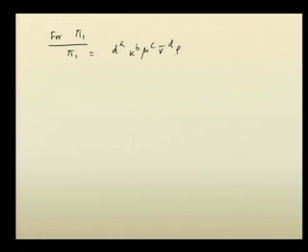Now, we know that pi 1 has to be dimensionless, so we write it as m to the power 0, L to the power 0, T to the power 0 and theta to the power 0. These are the 4 fundamental dimensions, and m to the power 0 means 1, L to the power 0 means 1, T to the power 0 means 1 and theta to the power 0 means there is actually no dimension, and this is equal to: d is L to the power a. I will take the dimensions we have already shown in the table.